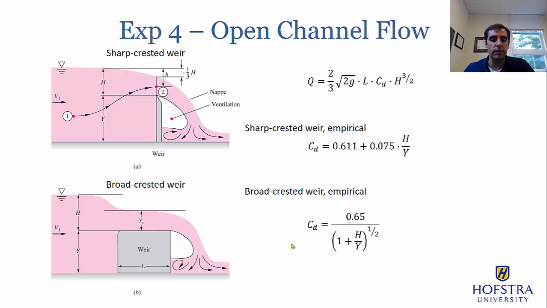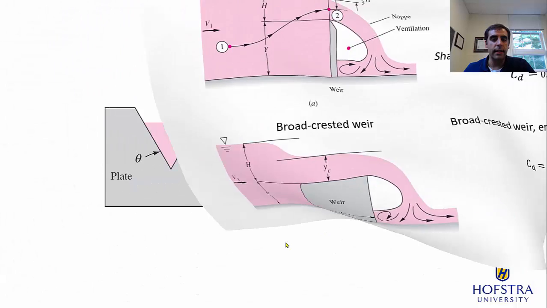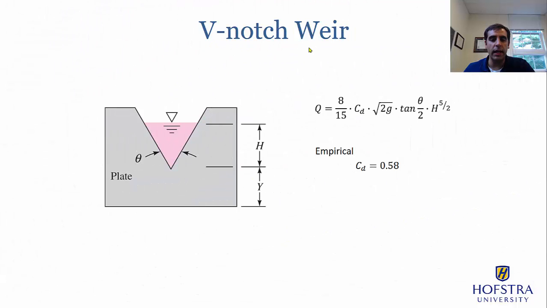We're again going to compare that to the experimental data. Lastly, we're going to be looking at a V-notch weir. Now imagine the flow is coming into or out of the page, and it's a V-notch because it has this little cutout shaped like a V, where this angle theta, in our case 90 degrees, helps us determine the flow rate based on this equation here.